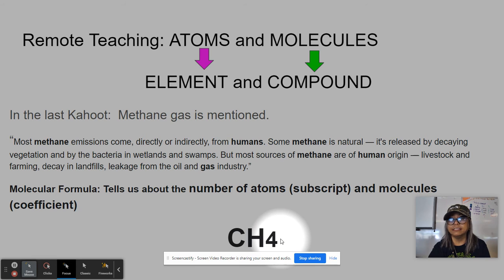So the subscript is that number written in smaller size, right? And for molecules, the coefficient is usually in front of the formula. So the idea of coefficient was also taken up in math, right? Usually, if you have something like 2x, the number 2 there would be your coefficient, right?